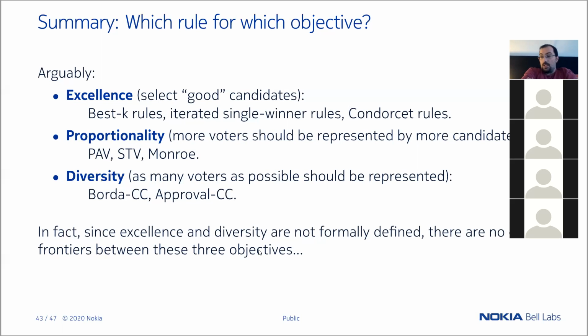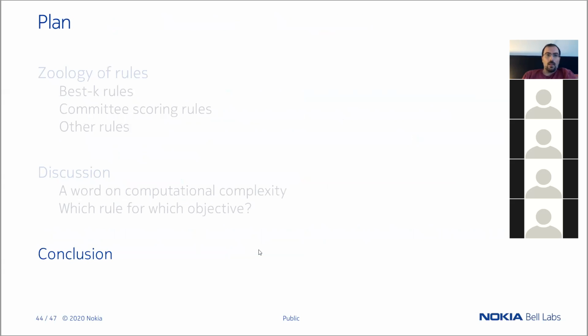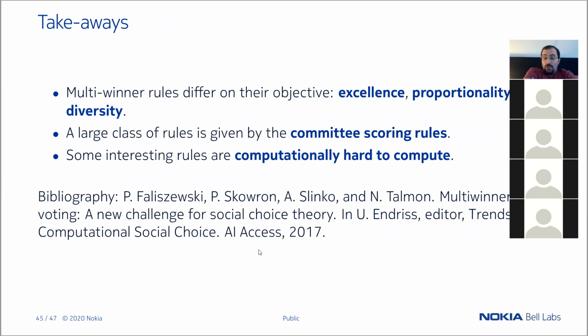And for diversity, typically you want Chamberlain-Courant, whether Borda Chamberlain-Courant or approval Chamberlain-Courant, and so on. So in conclusion, I just want you to take out of this talk that multi-winner rules differ on their objective: either excellence, proportionality, or diversity.